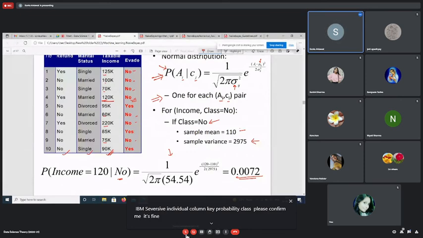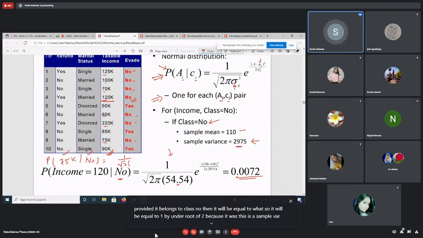Fine. So ma'am, similarly, if I say I want to calculate P of income 75k, provided it belongs to class no, then it will be equal to what? It will be equal to 1 by under root of 2 pi, because this is sample variance, we have to have standard deviation. So it will be coming out to be 54.54, exponential minus.